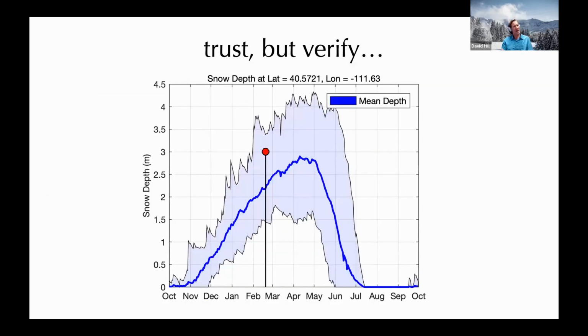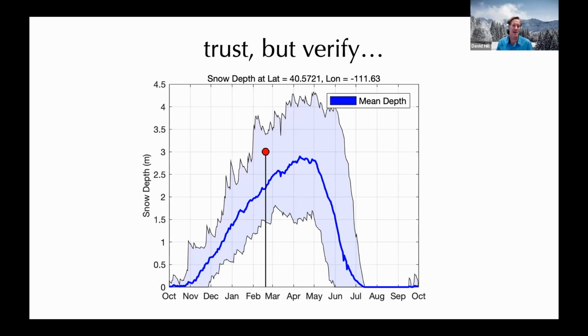So instead, what we do is we think about things from a statistical point of view. If we get a CSO measurement, which is that red dot that you're seeing there, on a particular day of the year, we look at the entirety of the SNODAS record, which is like 20 years of snow information, and we look at the properties of the distribution of that information.